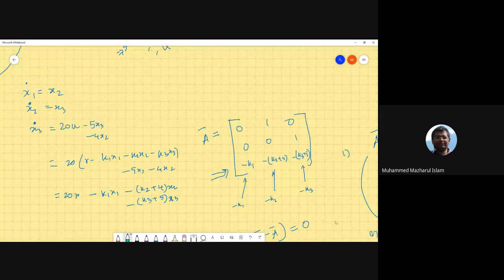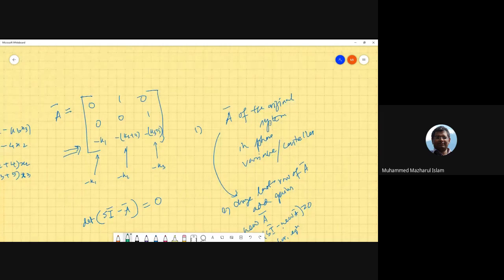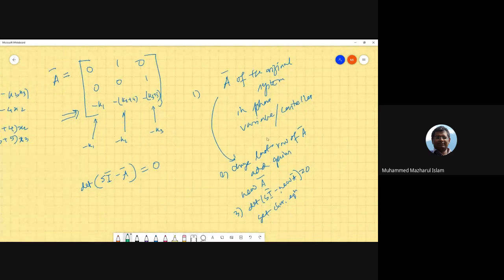And I told you how to get a new A easily. If you have the A matrix of the original system in either phase variable format or controller canonical format, then you simply need to change the last row. Add the gains. The gains are negative, so minus K1 is added to the first column of the last row, minus K2 added to the second column, minus K3 added to the third column.